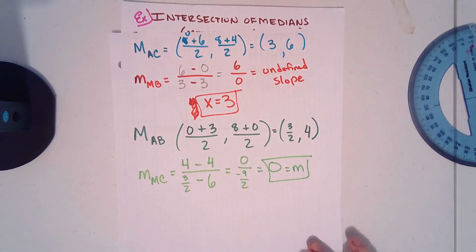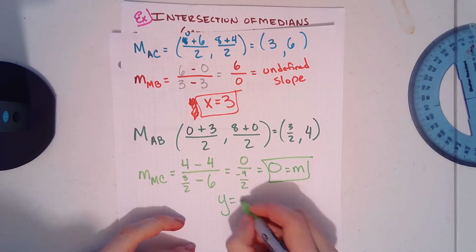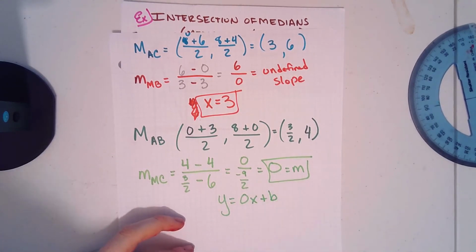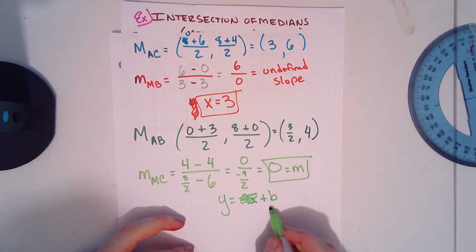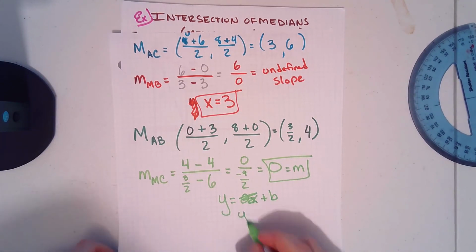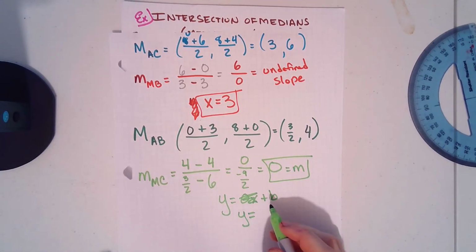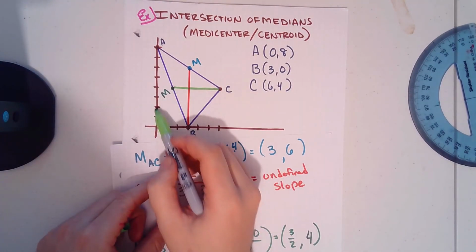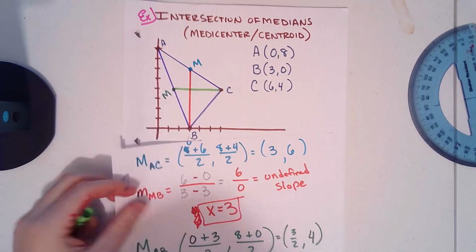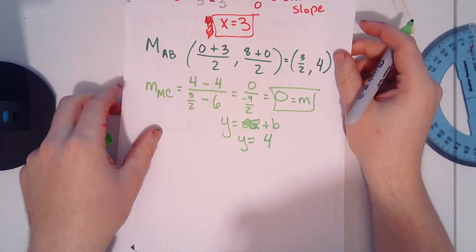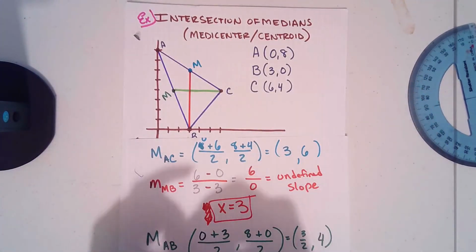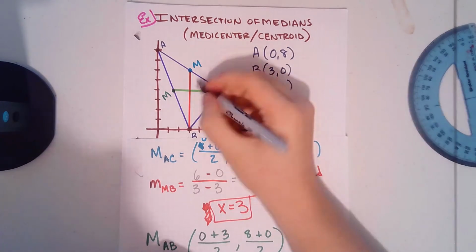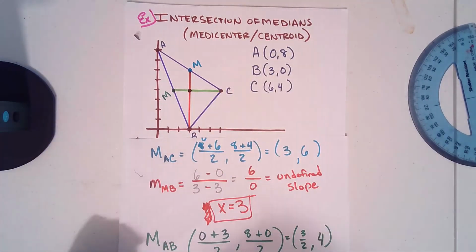And when we have a line with the slope of 0, y equals 0x plus b, this goes away, and y just equals whatever our y-intercept is. So in this case, the y-intercept of this line is 1, 2, 3, 4. So the equation of that line is y equals 4. So where do these two lines intersect to form our Medicenter or centroid?